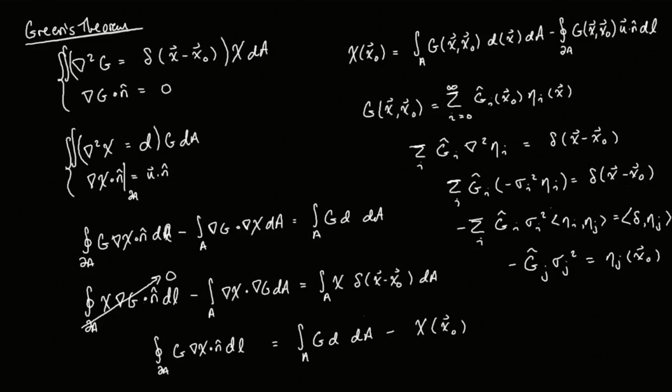So as long as the eigenvalue is not 0, what I have is g hat j is going to be the negative of eta j at x naught over sigma j squared.